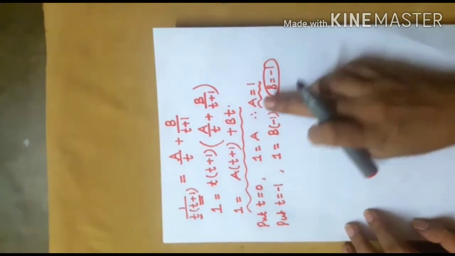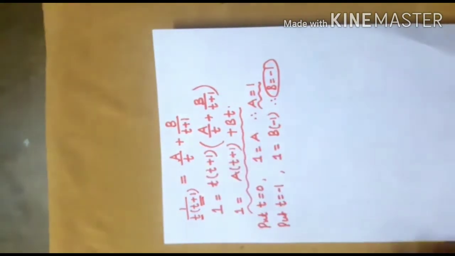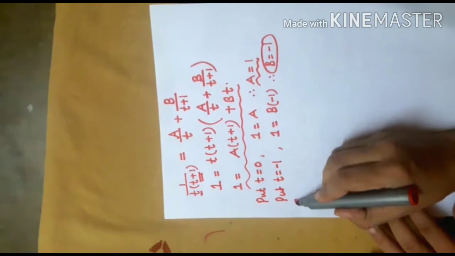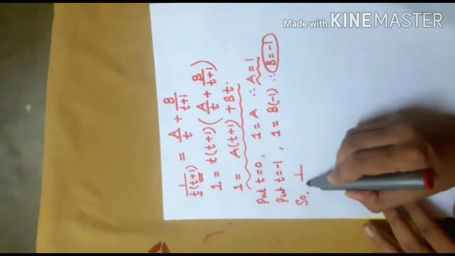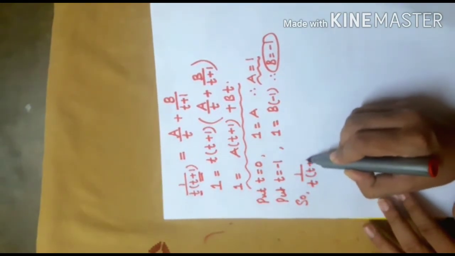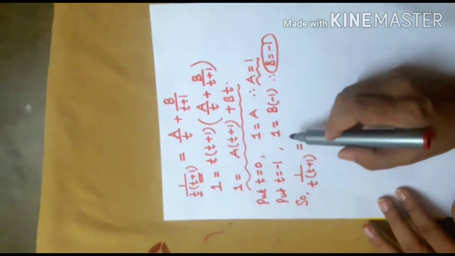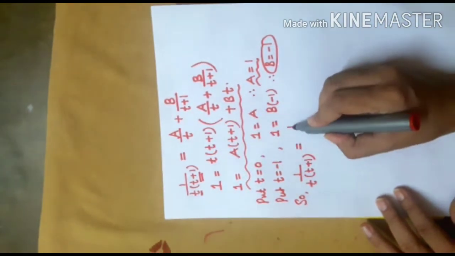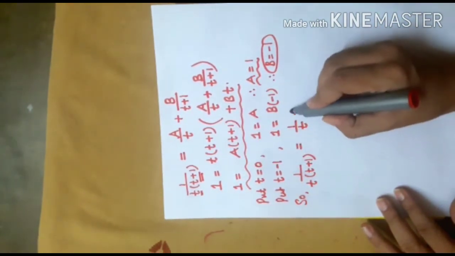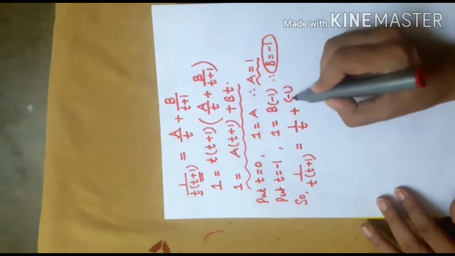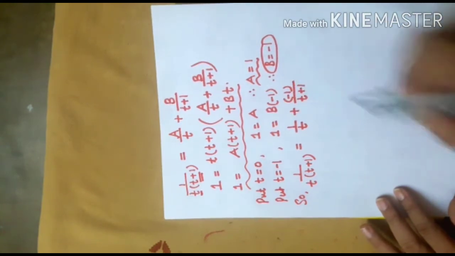Now put the values of a and b in this. So 1 over t into t plus 1 will be equal to 1 over t, since the value of a is 1, plus the value of b, negative 1, over t plus 1.